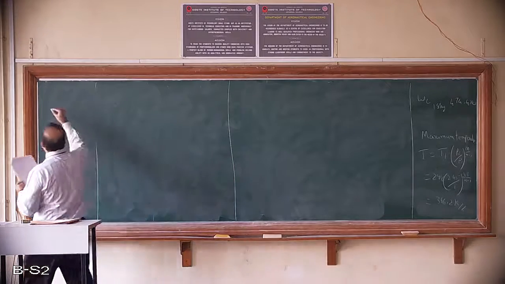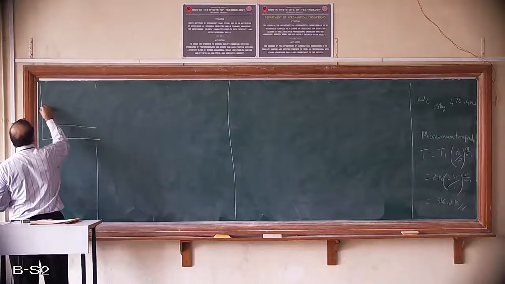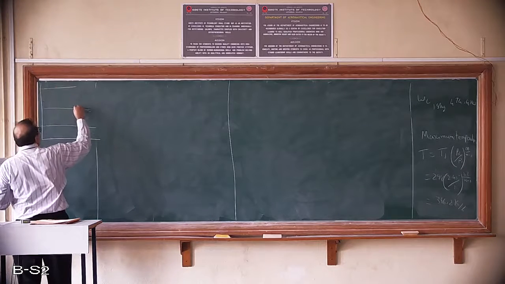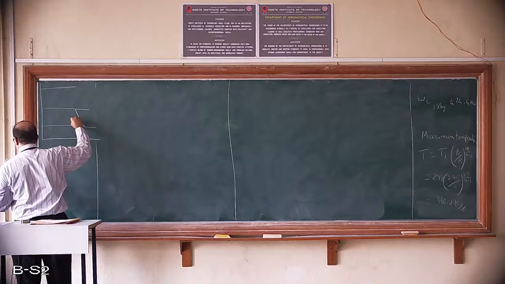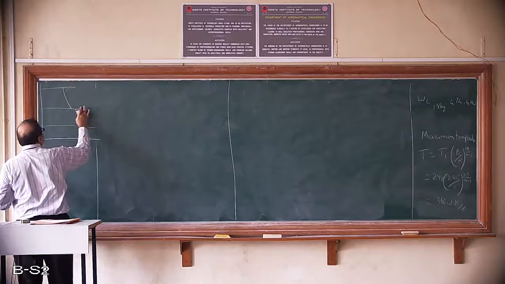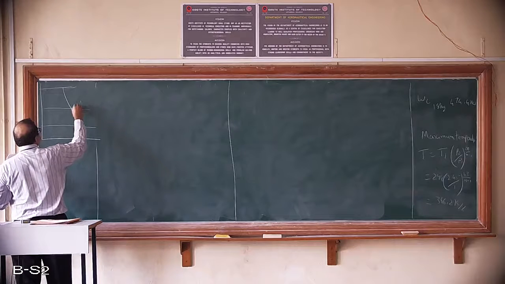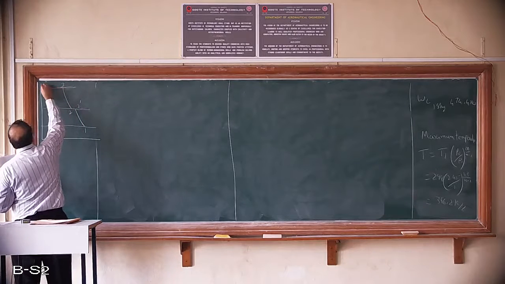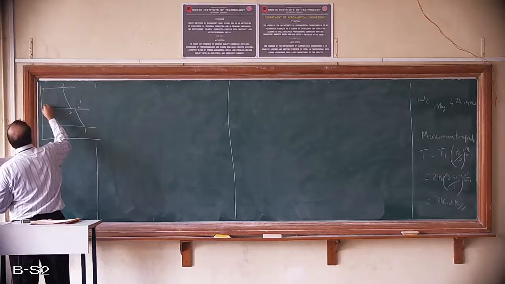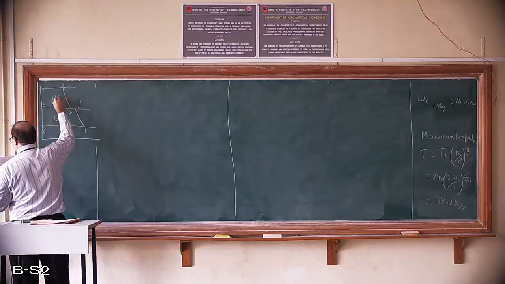So it is two-stage compression. Two-stage compression means you should understand, this is one stage and this is two stage. So 1, 2 dash, 2, 3, 4, 5, 6. This is LP compressor, this is HP compressor.